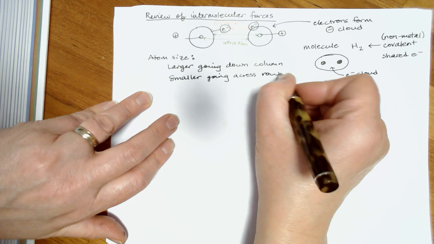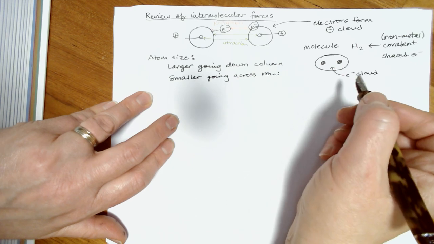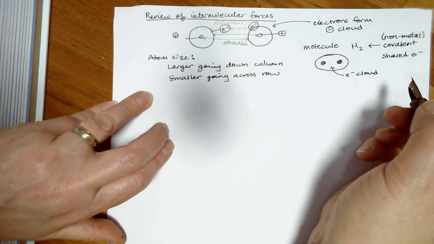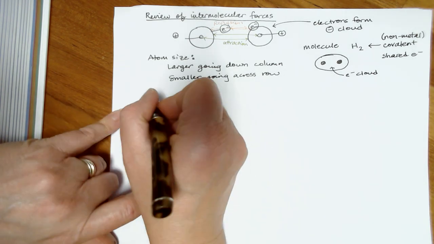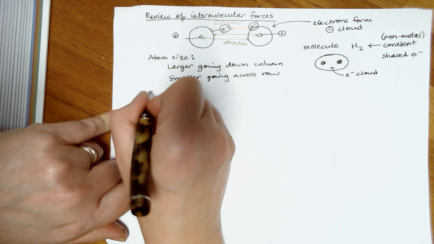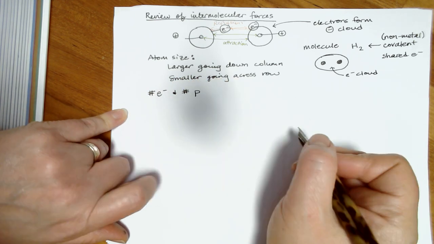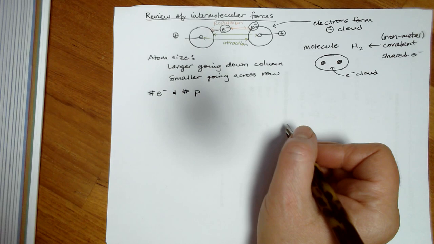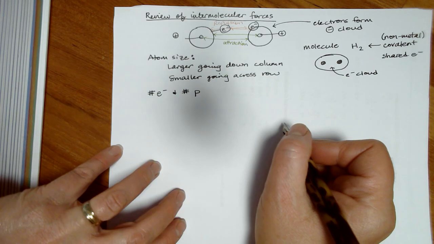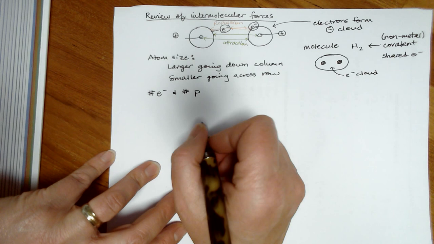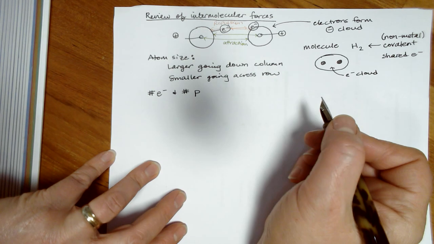That means we have a variety of different atom sizes depending on what molecules we're making. And we also have the total number of electrons and the number of protons in each atom changing, so we're paying attention to that as well. This is all background knowledge for us to keep in mind.